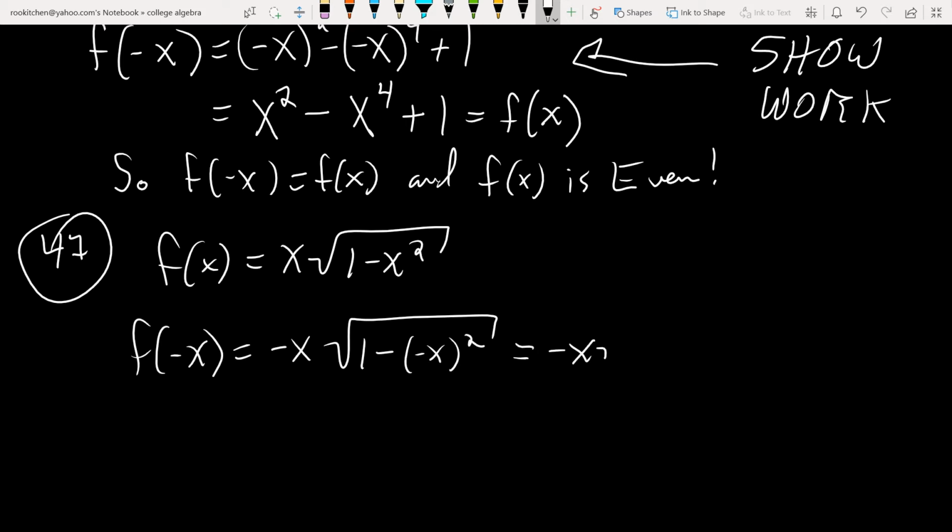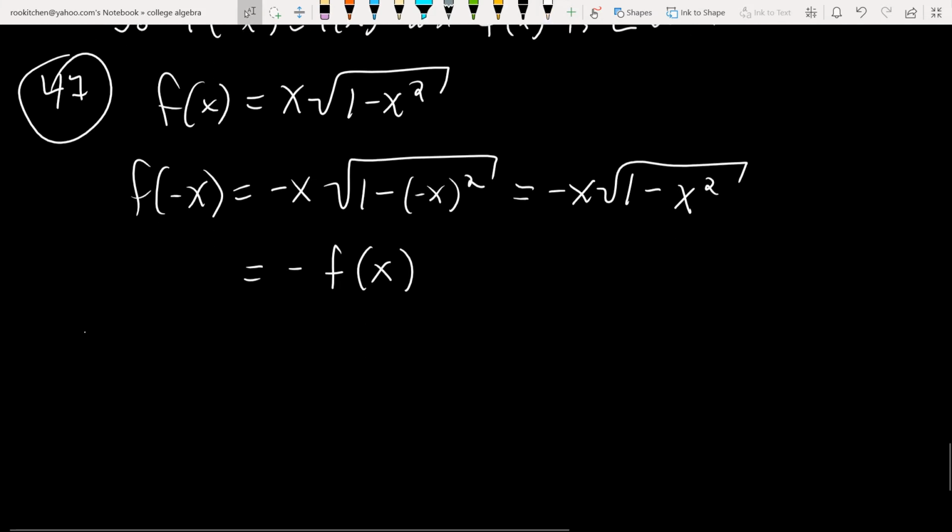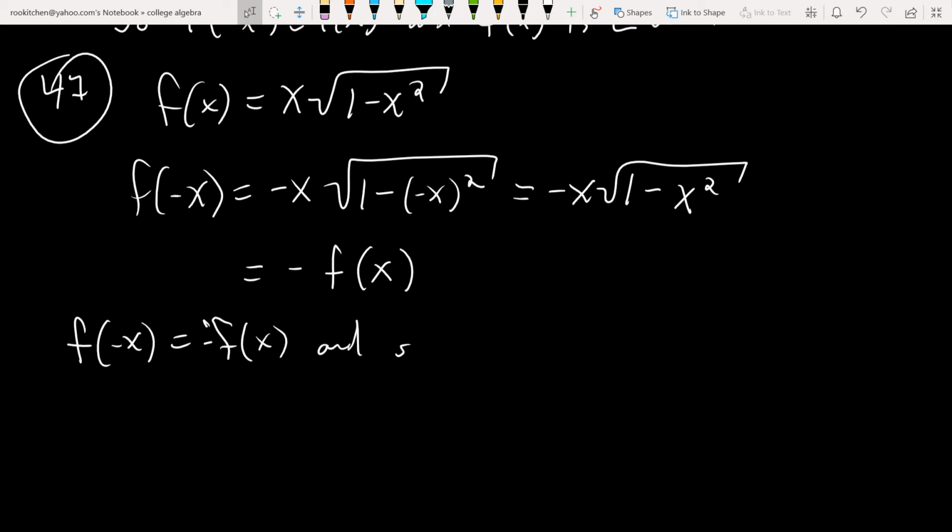So I have negative x times the square root of 1 minus x squared. And what is that? Well, that's a negative times f of x. So in this case, we have f of negative x equals negative f of x, and so f of x is odd.